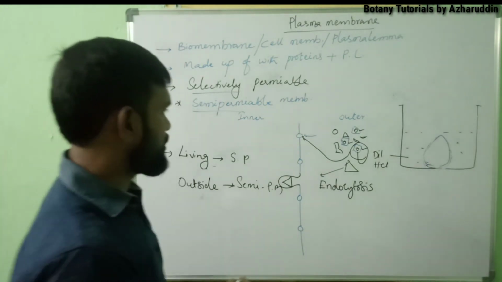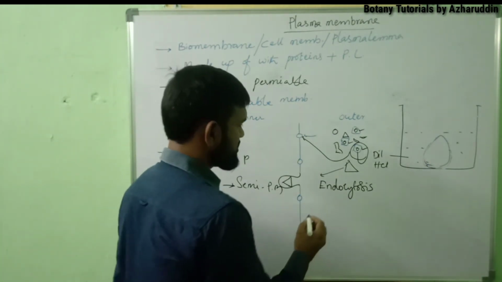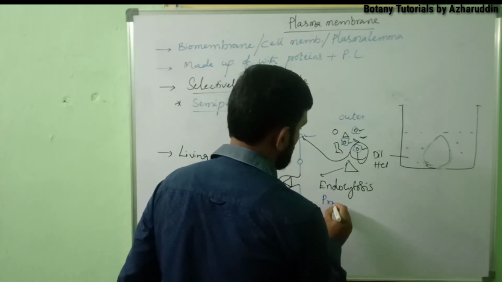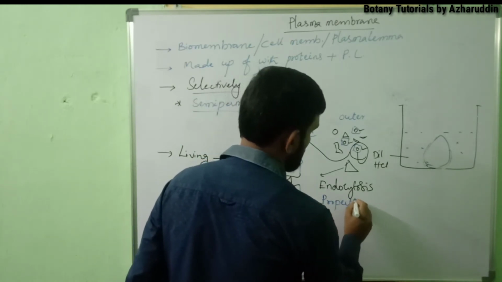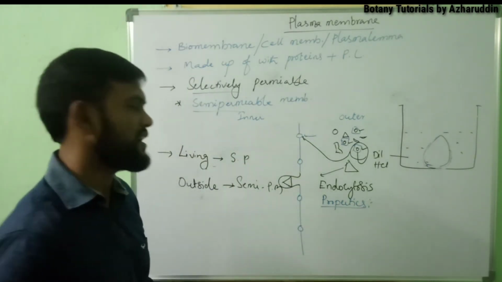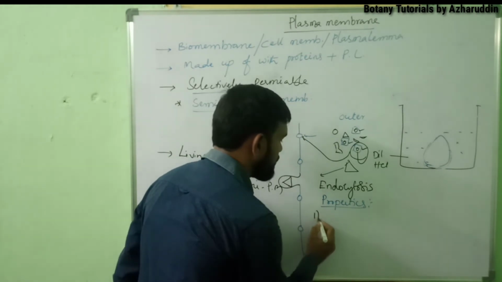And coming to the properties of the plasma membrane. Plasma membrane is a selectively permeable membrane.